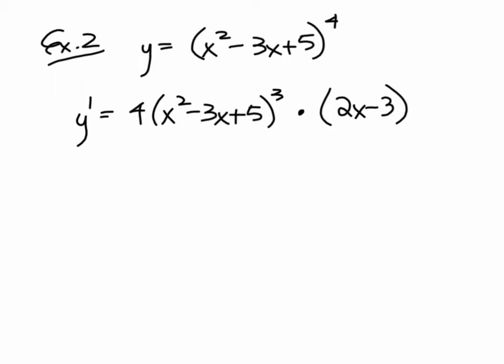So x squared minus 3x plus 5, the derivative for that is 2x minus 3. So what I've done in this question is I've taken the power rule times the derivative of what was inside the bracket. That's known as the chain rule.